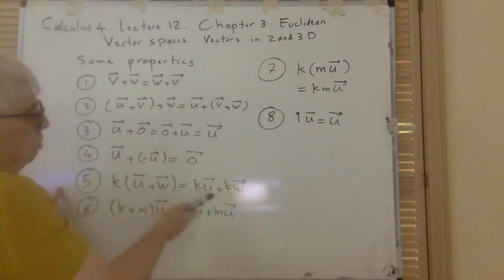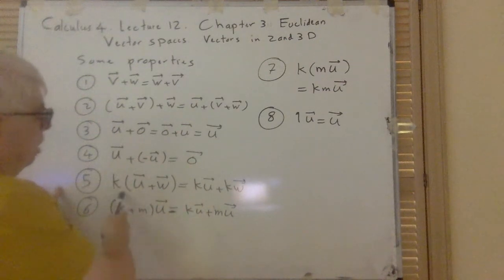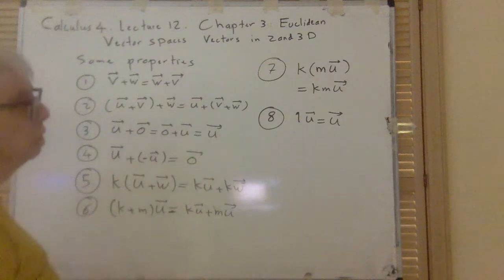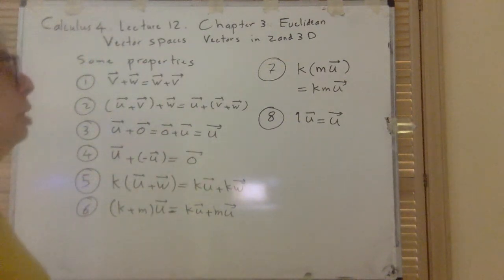And then these are just some other properties, like scalar multiplication has this property, and this one, and that one, and the last one is that if I multiply u by just the number 1, I will get u back. So these are properties that you will see again in general vector spaces, chapter 4, in fact. So over there, it looks like a review, say.